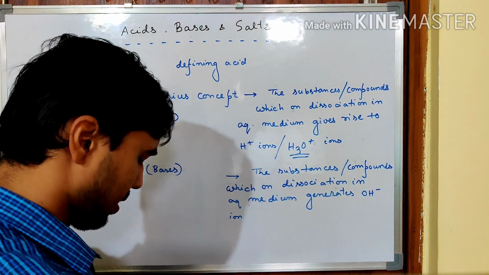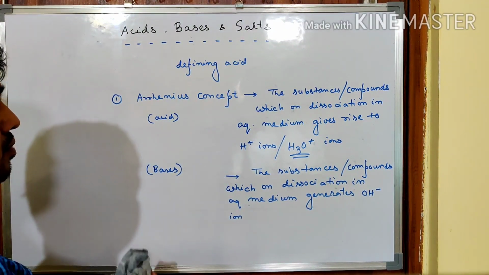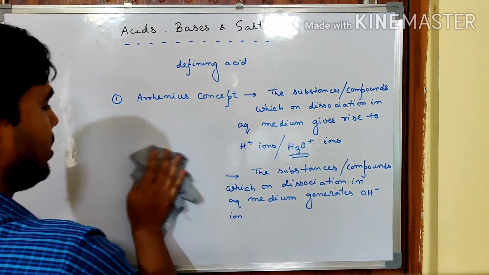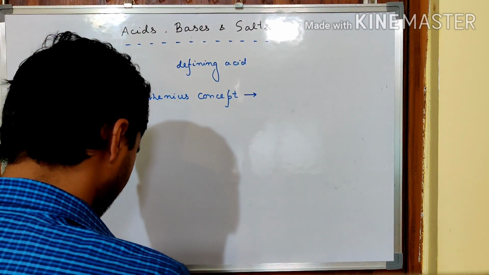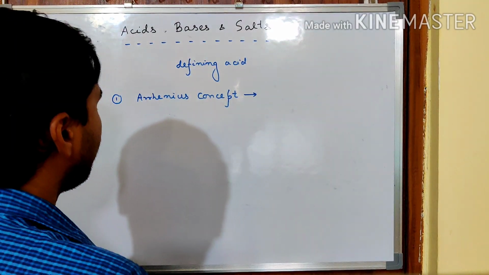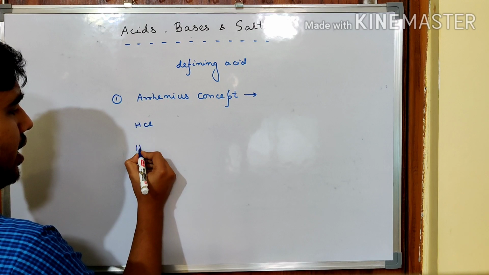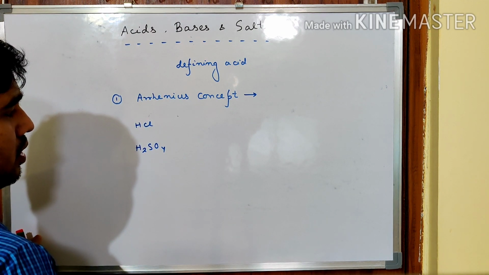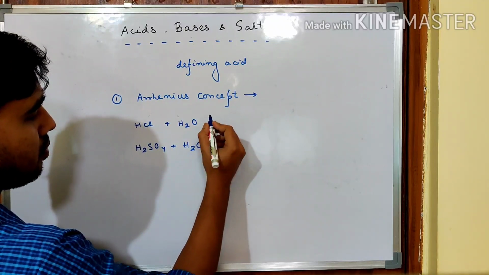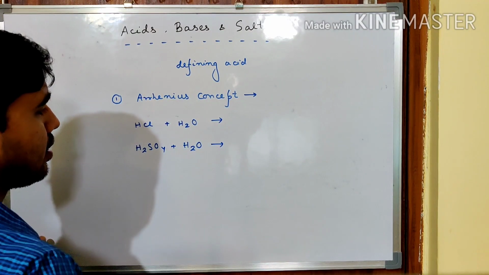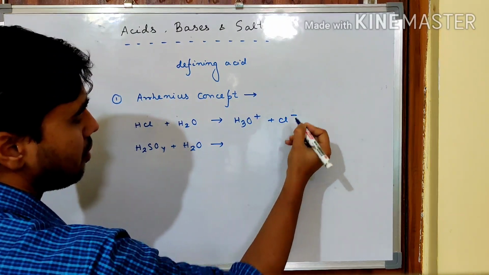Now let us see why it has been said, and whether it is correct or not. So first you note it down. Now here you see, if we take a very well-known acid, say HCl, or if you take H2SO4, in aqueous medium, if you take H2O also, HCl will be dissociated into H3O plus and Cl minus.